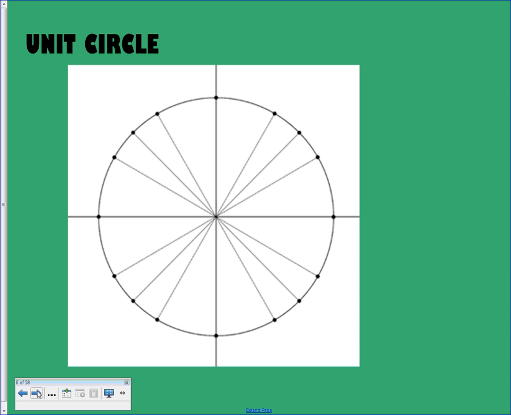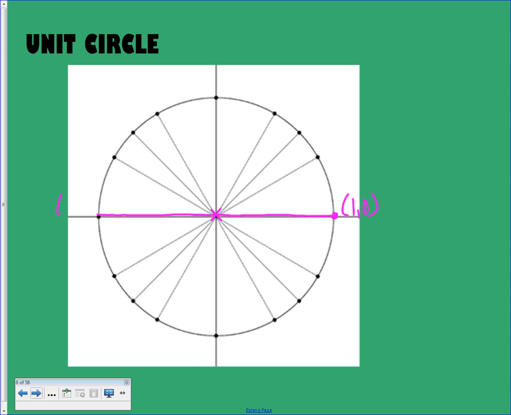So here is our unit circle, and we want to label a couple of things on it. We know that the radius of our unit circle is 1. If I go straight out from the middle and I don't go up anywhere, that ordered pair is going to be (1, 0), because it has a radius of 1. If I go over here, I'm going backwards. This is our middle spot; you always start in the middle.